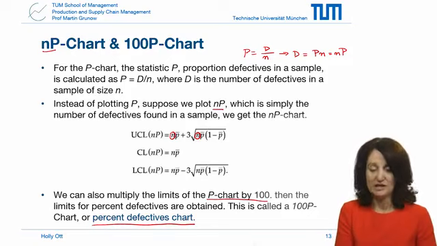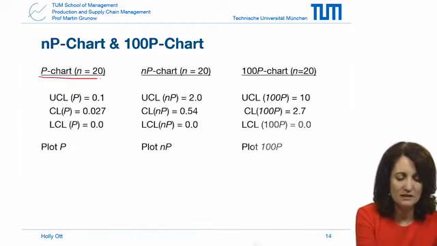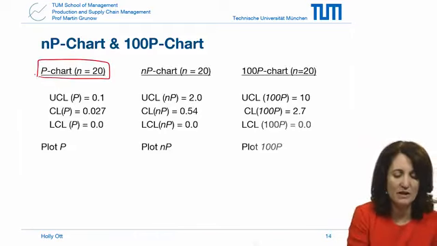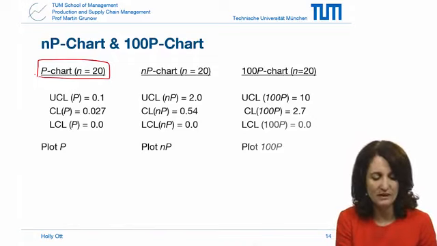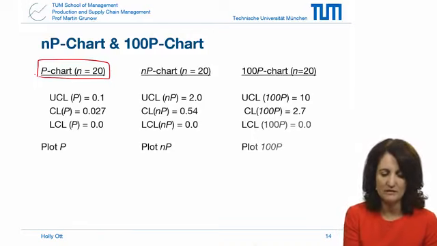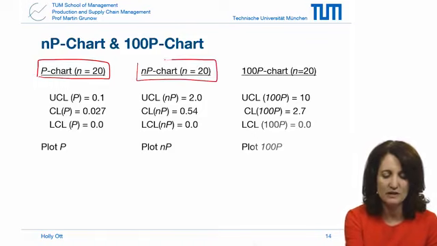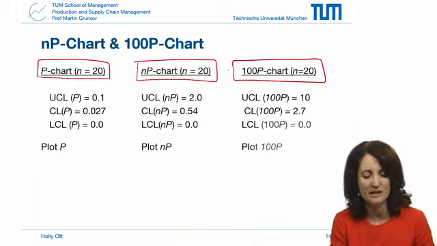Now let's look at a comparison of all of these. Let's say we've got a p chart with sample size equal to 20. We calculate our upper control limit, center line, and lower control limit for n equals 20. We have two other options: we can calculate an NP chart or a 100p chart from exactly the same data.